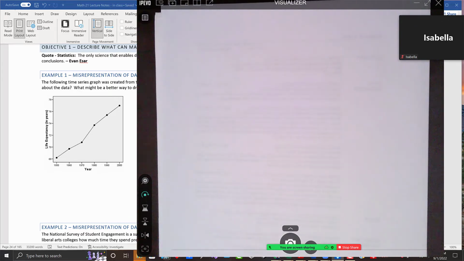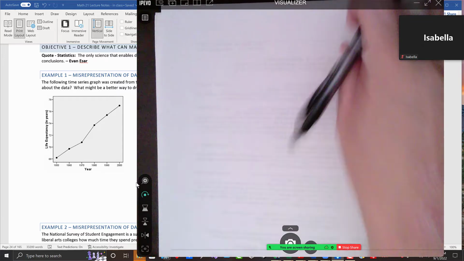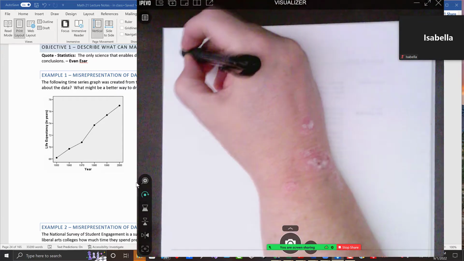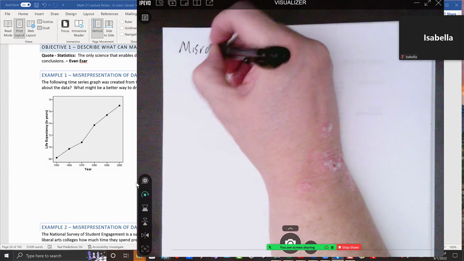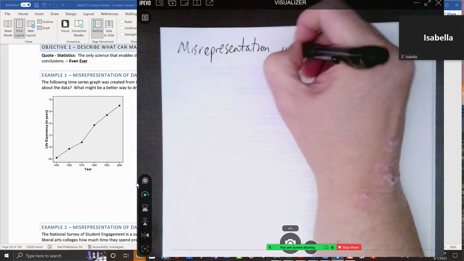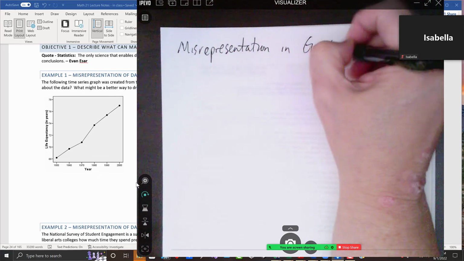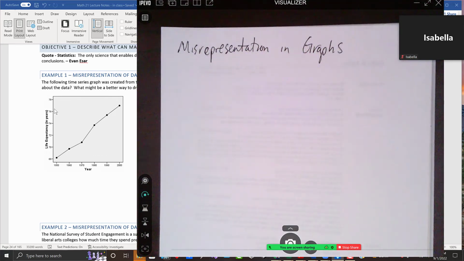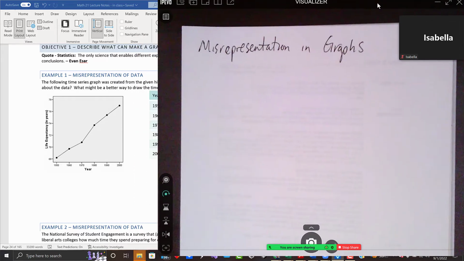Last thing I want to do is talk about misrepresentation. Misrepresentation in graphs. And I've got some lecture notes that already have the stuff, so I think I'm going to use those.